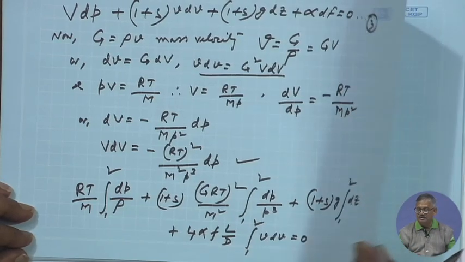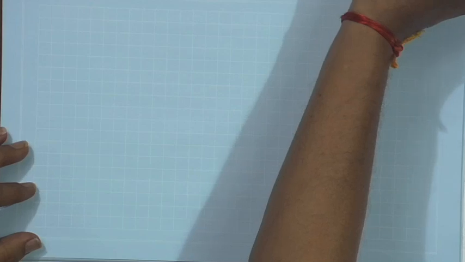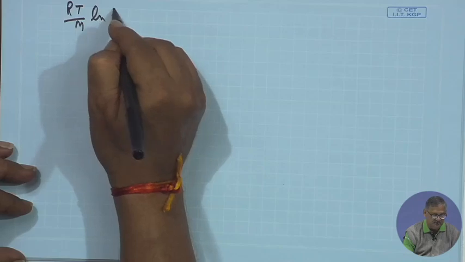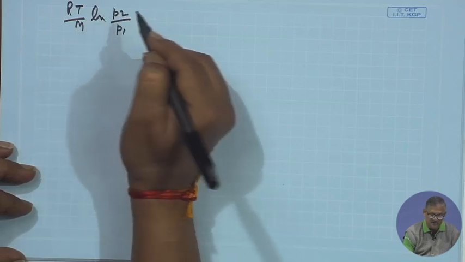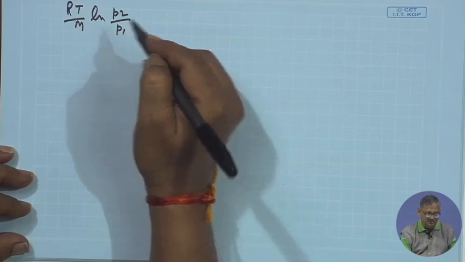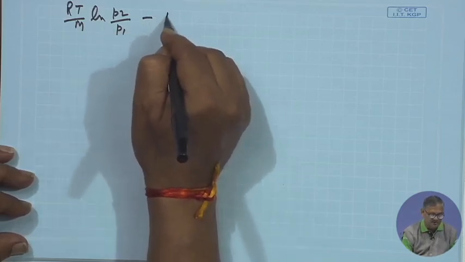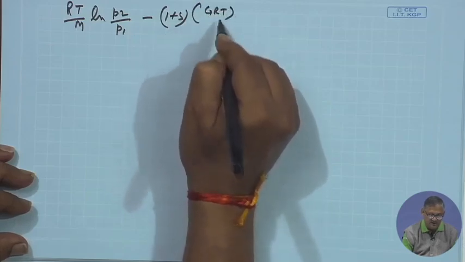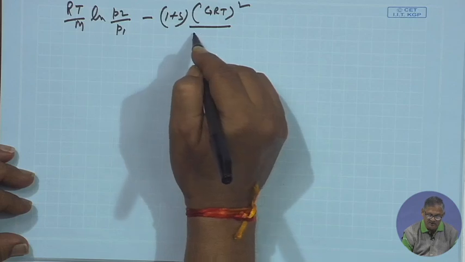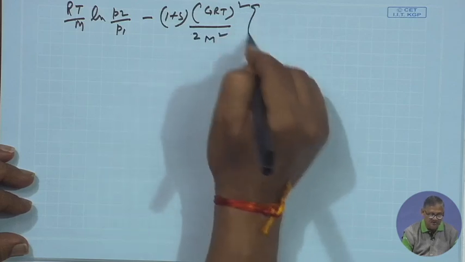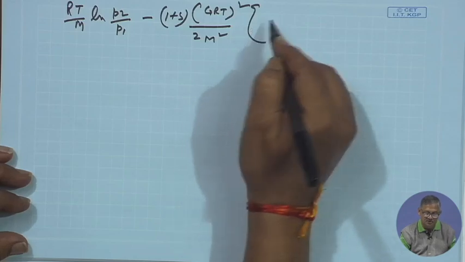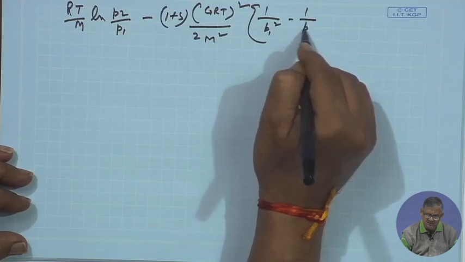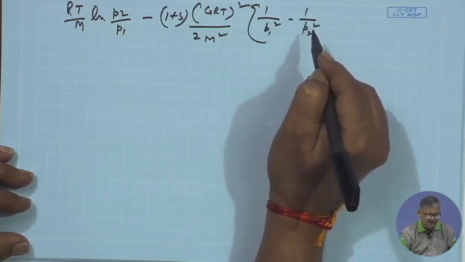Right. So, on simplification we can write RT by M ln of P2 by P1, minus 1 plus S into GRT squared divided by 2M squared times, since it is P1 to P2, 1 by P1 squared minus 1 by P2 squared, right.